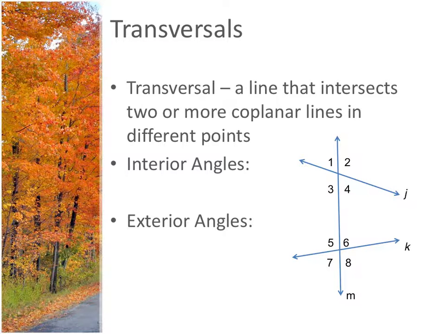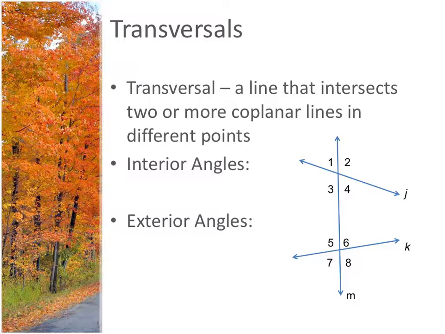A transversal is a line that intersects 2 or more coplanar lines in different points. So there's 3 lines on this slide.